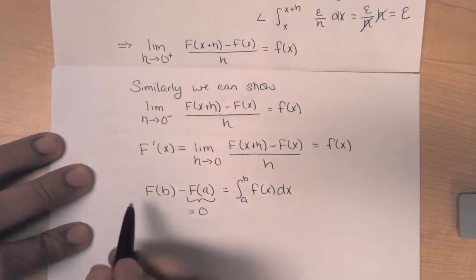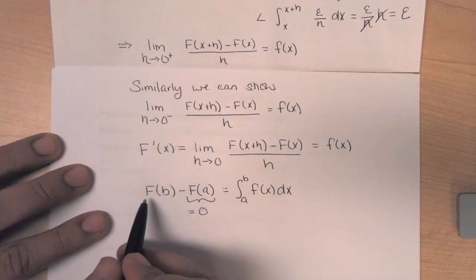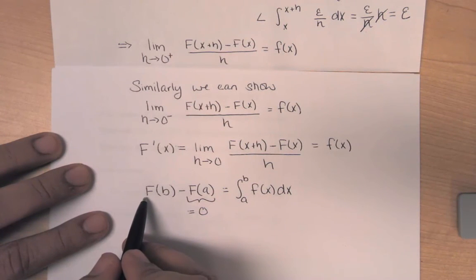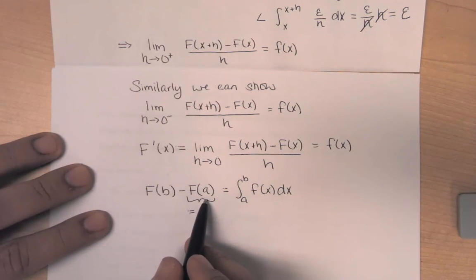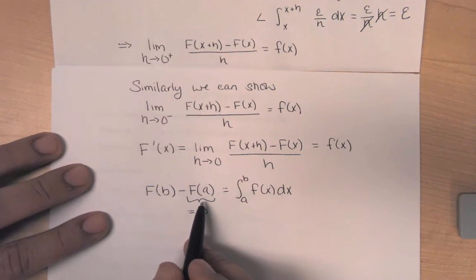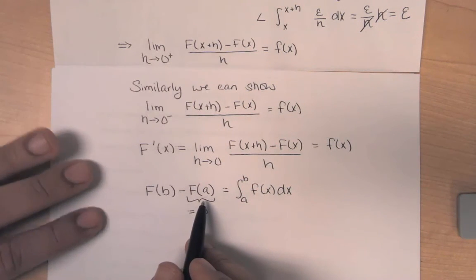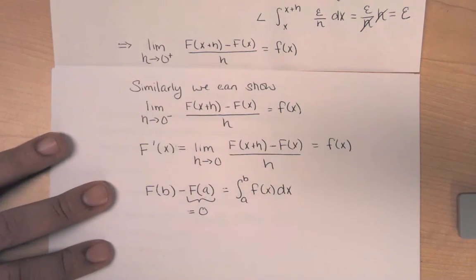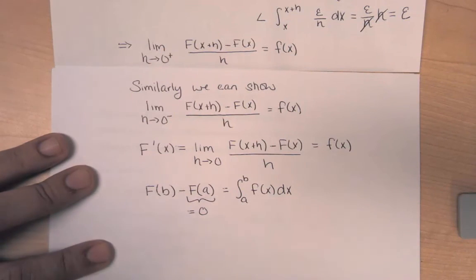Now, I constructed F. F is a particular antiderivative. In fact, it's the antiderivative that is 0 at a, which, by the way, is useful. Sometimes we want a very specific antiderivative, and that construction allows us to do that. But what about any other antiderivative, right?